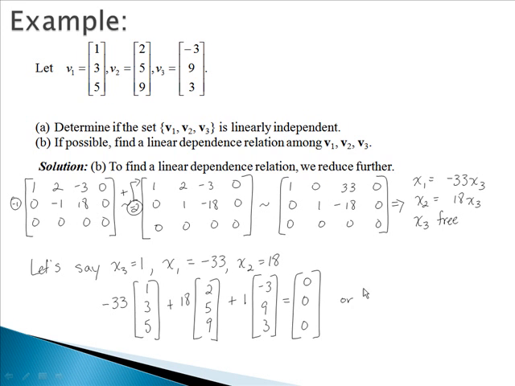Or we could write it using just our vector notation. So I'd have -33 times v1 plus 18 times v2 plus 1 times v3 equals the 0 vector. So this is just one possible linear dependence relation. Had we chosen a different value for x3, we would have gotten another relation.